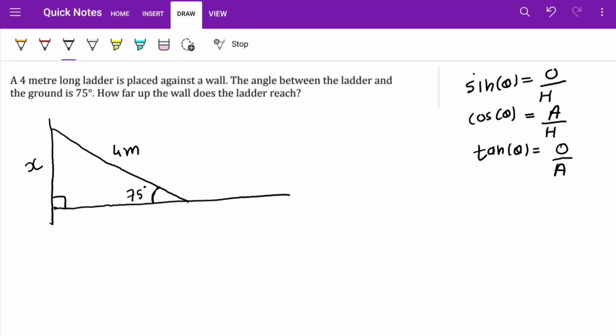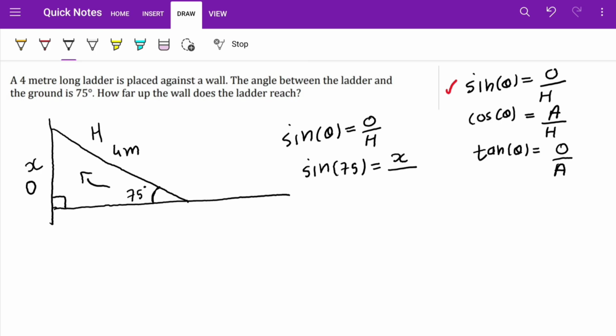Now we can use the trigonometry function in order to find x. So we'll label it. So it's going to be opposite, you can see that. And we have the hypotenuse, so that means we will use sine theta because it involves O and H. So sine theta equals O over H. Sine 75 equals O is given by x, H is given by 4, and we want to make x the subject, so we times both sides by 4.